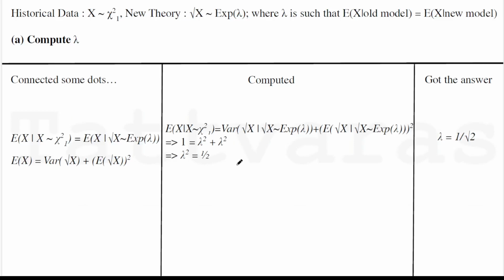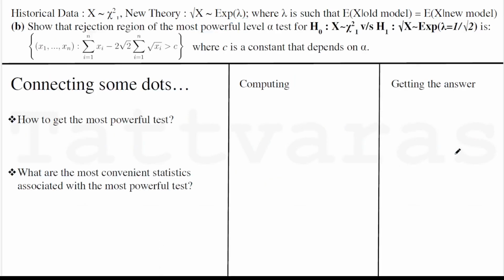Lambda is 1 by root 2. You may have noticed that lambda equals minus 1 by root 2 is also a potential solution to this, but it's not valid, because if lambda is negative, then this thing doesn't make sense. So lambda has to be positive, and the positive solution is the value of lambda. Okay. Now we have lambda.